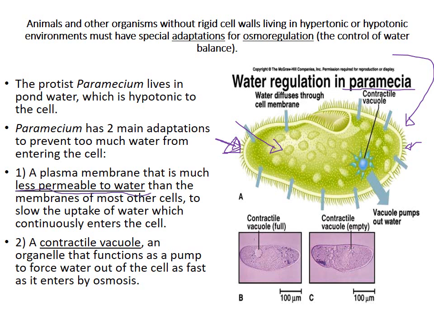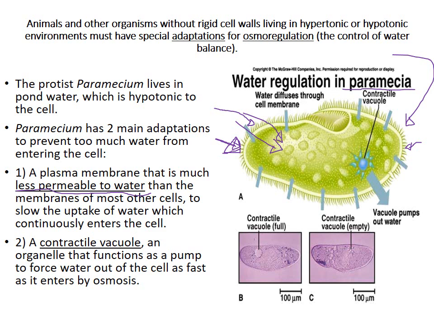So if it's ever in a hypotonic solution, yes, water will enter it, but not as quickly as other cells that have a higher permeability to water. So it won't run the risk of bursting. The reason it has this adaptation is that these are found in a lot of freshwater environments where there's low solute concentration compared to the cell on the inside.